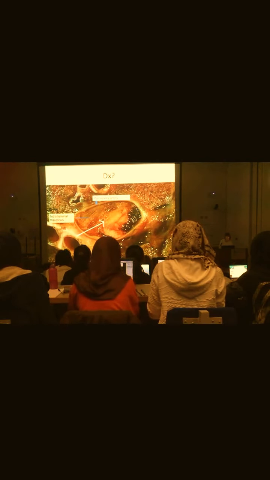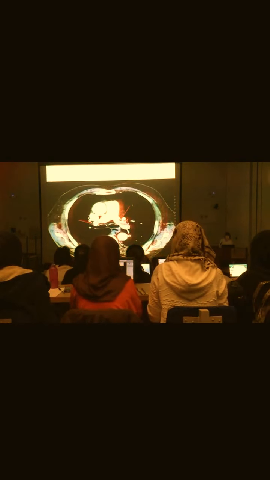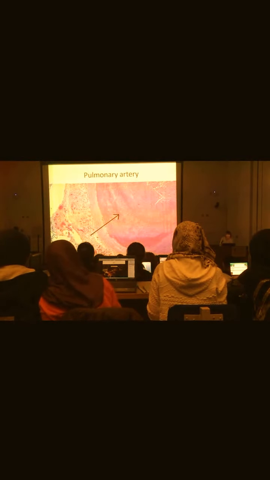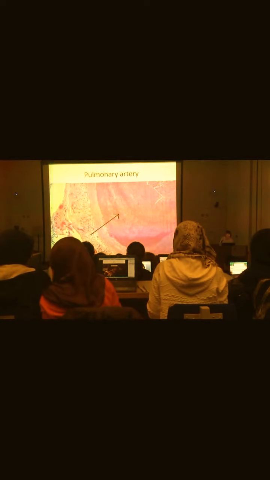An intraluminal thrombus. And this is a saddle embolus on CT. There's a pulmonary artery going right across, and a saddle embolus sits in the middle and extends each way. This is what you see down the microscope, the pulmonary artery embolism.